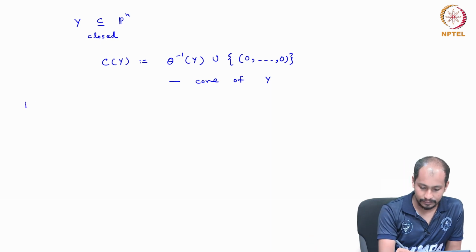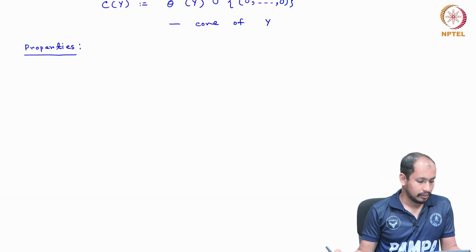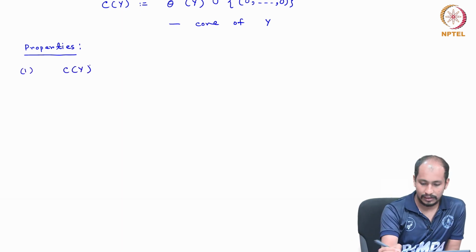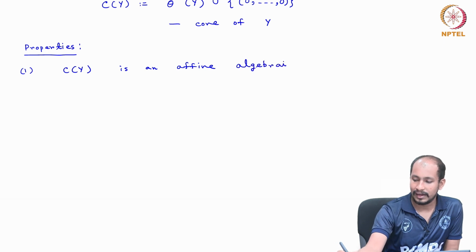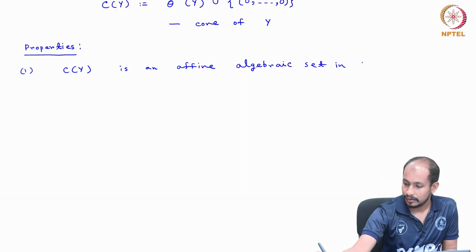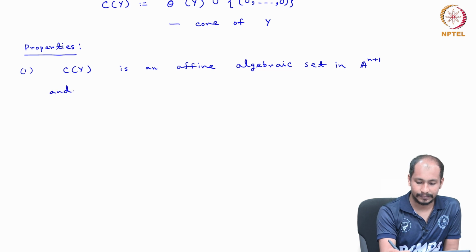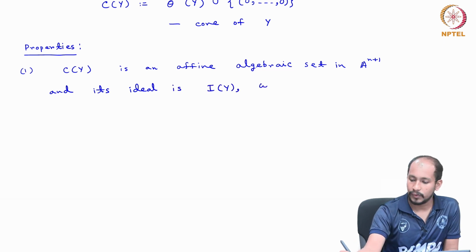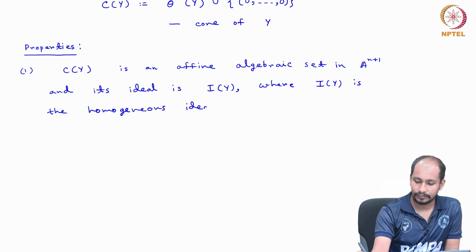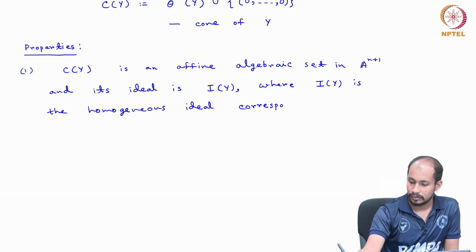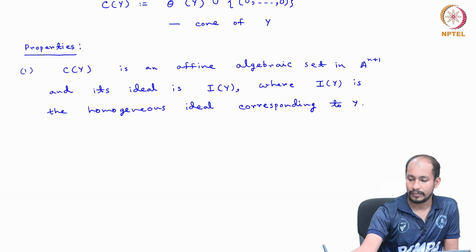Now it has some properties. I will state these things, I will not prove them. Okay. First, C(Y) is an affine algebraic set in A^(n+1), and its ideal is I_Y, where I_Y is the homogeneous ideal corresponding to Y. Okay.